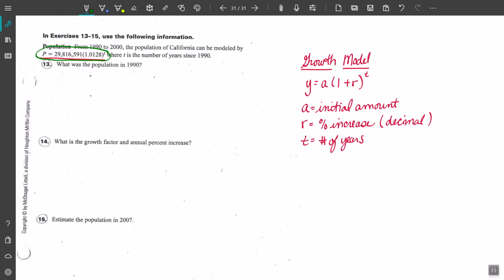So we would sub in 0 for our t right here. So that would become 0. We know anything raised to the 0 power is 1. So this whole thing becomes 1 multiplied by the initial population, which tells us what the population was in 1990. Okay, so it just matches this A value right here.